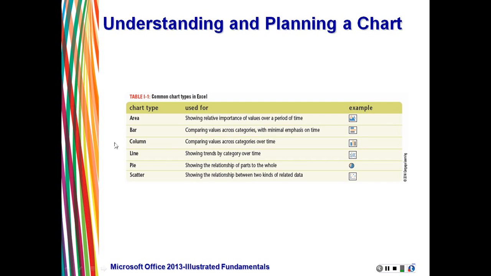There are several different types of charts. You have an area chart, a bar chart. Those are popular. They start from the left-hand side of your screen or your y-axis and move to the right. The column chart is also a very popular type of chart. A line chart usually shows a trend over time.